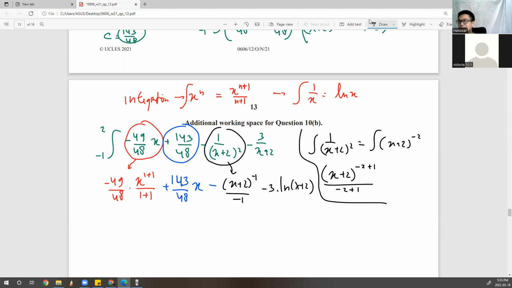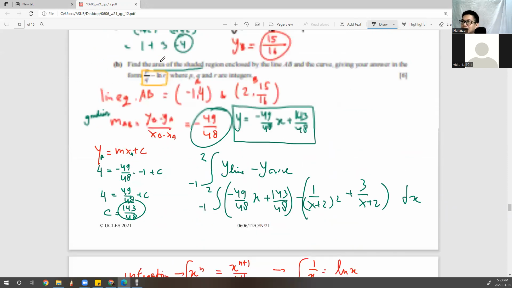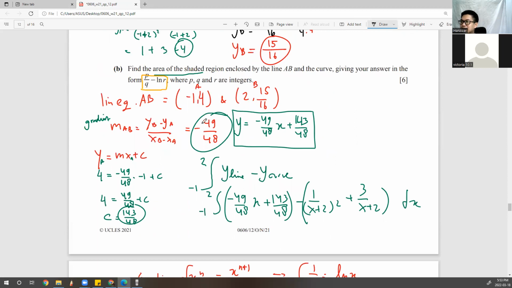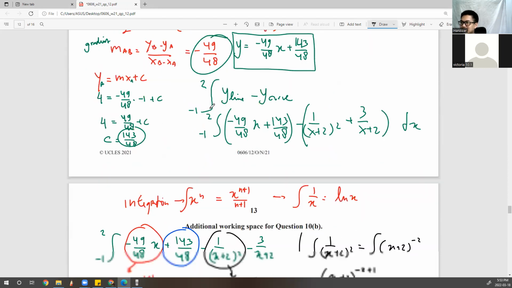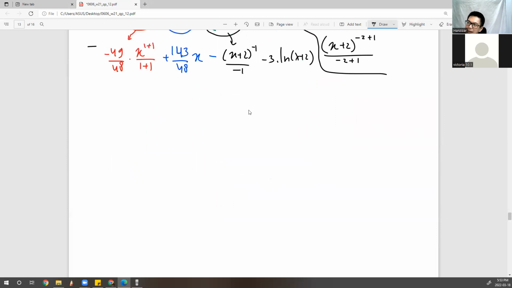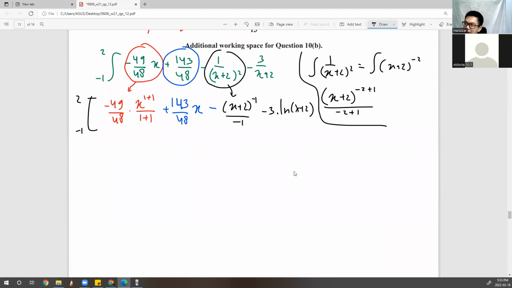I want to do separation here. Don't forget to add plus c, but it is a specific question, a definite integral from -1 to 2. So this will be from -1 until 2. Let me make it easier to see. -49x squared over 96, right? Because this is 2, 48 times 2, plus 143 over 48x, and then minus minus becomes plus.